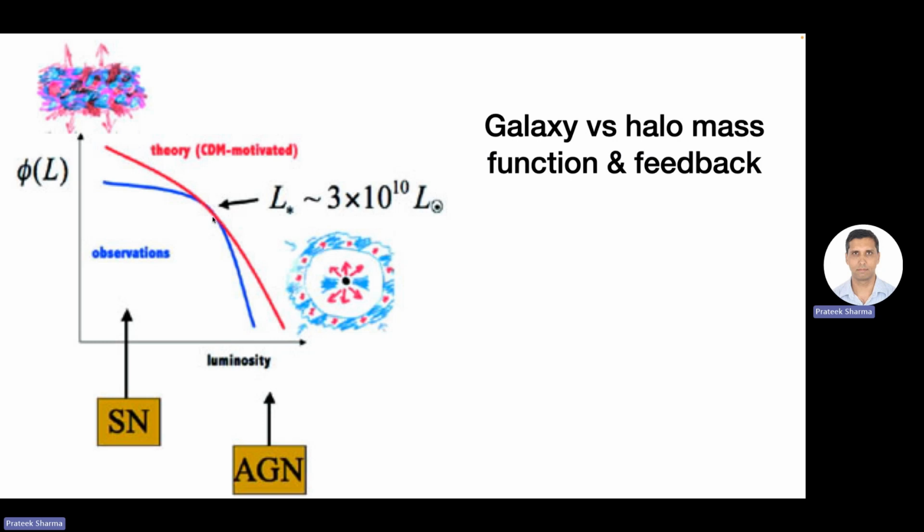This is a very important plot, which shows one of the centerpieces of modern understanding of galaxy formation, so-called feedback. Right, that supernovae and AGN can affect star formation efficiency globally within a halo.